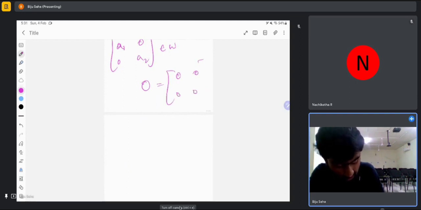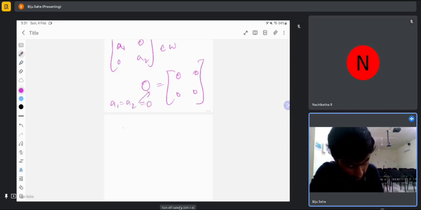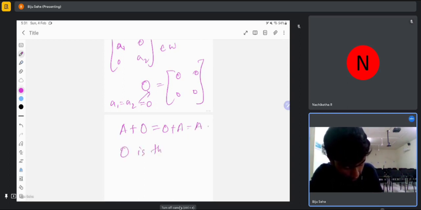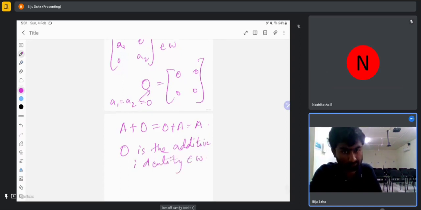This is also a diagonal matrix, with the principal diagonal values a1 and a2 being 0. So we have A plus O is equal to O plus A, and in any way you perform the addition, it turns out to be A itself. So here O is the additive identity, and it belongs to the set W.